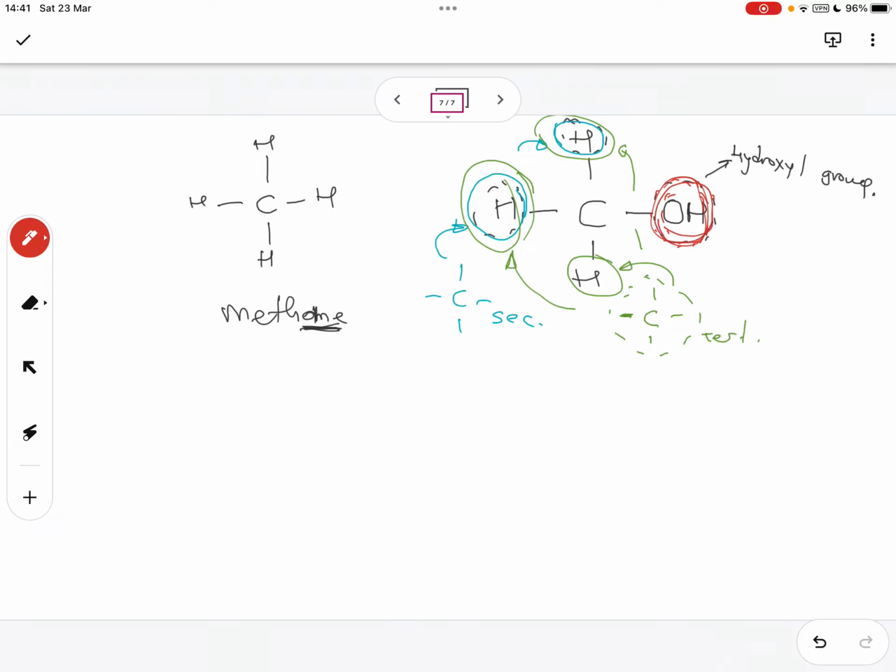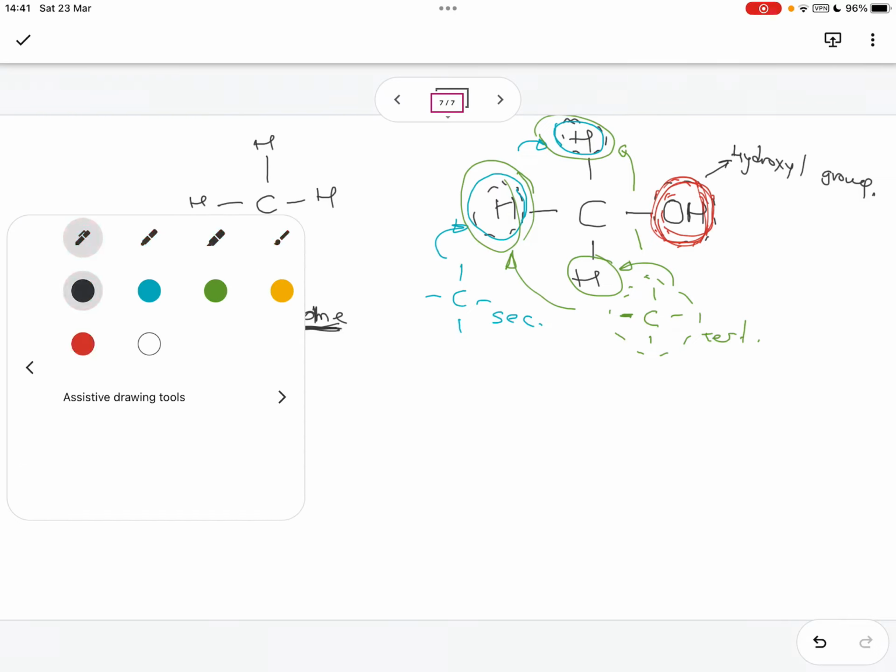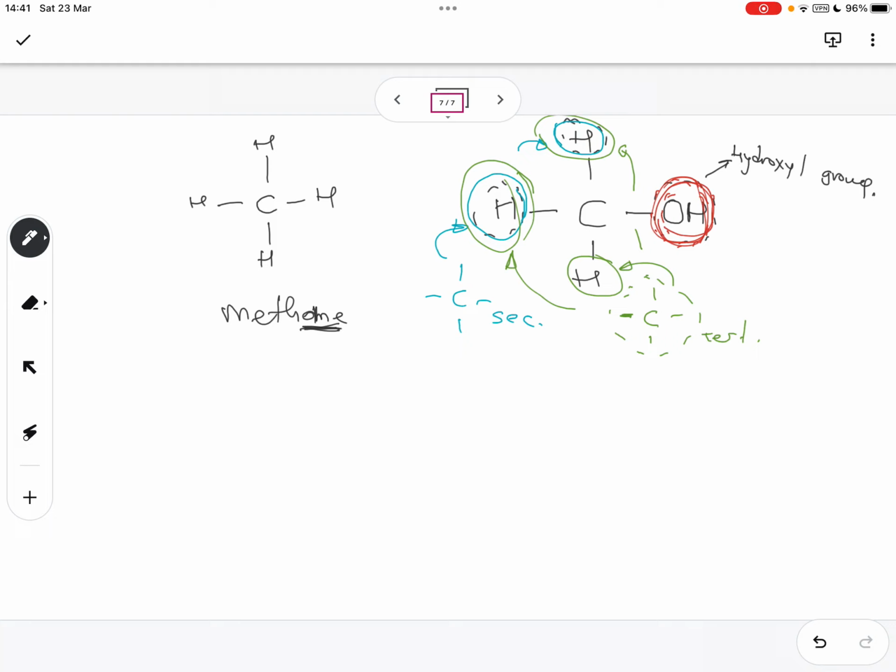So it'll be your hydrocarbons, and then if it has an OH, then we know it's a hydroxyl group, then we know it's an alcohol. So now our question is, a tertiary alcohol.